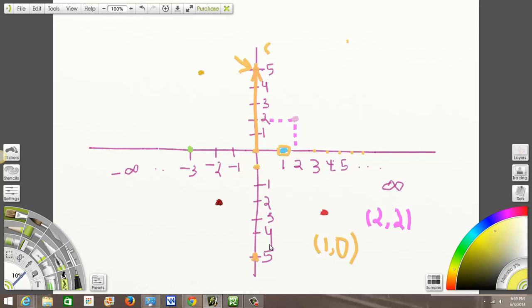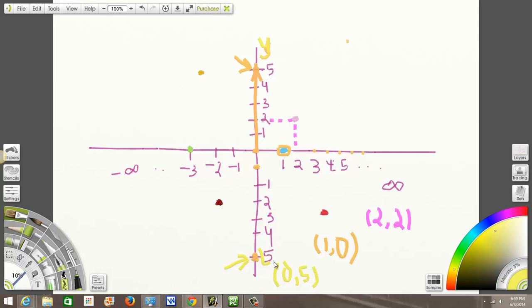This point is once again located on the x-axis, so its y coordinate is 0. So we're gonna write that the x coordinate is 5, and no, it was a trick. See, this point is actually on the y-axis. So the x coordinate is gonna be 0, and the y coordinate is gonna be 5.